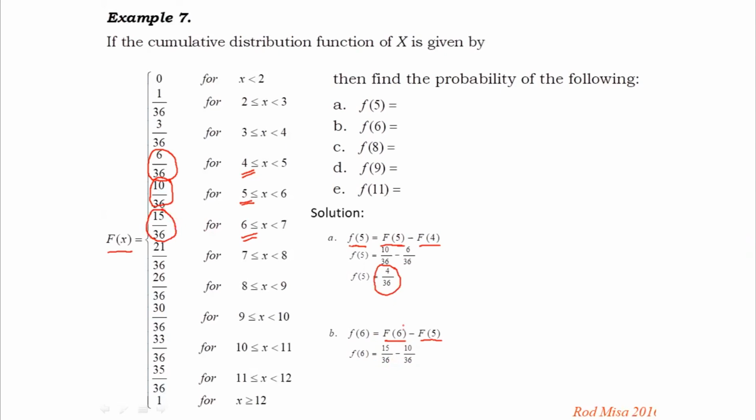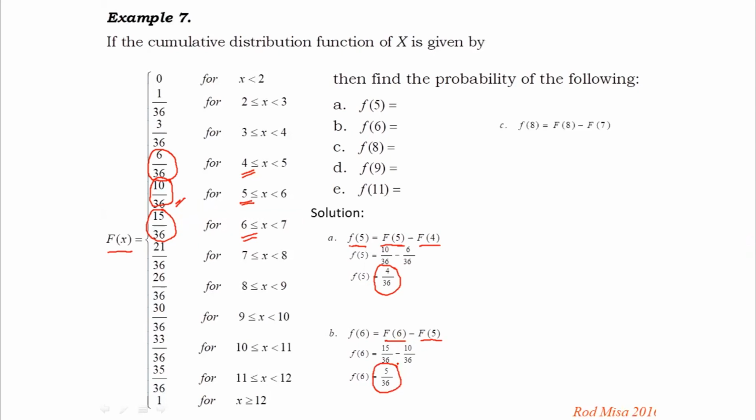But when your random variable is 5, its cumulative distribution value is 10 over 36, which is found here. So subtracting these two fractions, we have 5 over 36. And this is the probability value of the random variable whose value is 6.